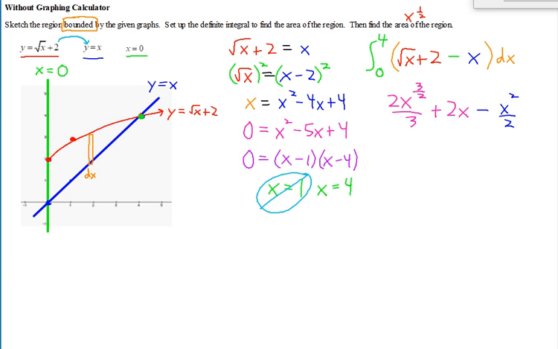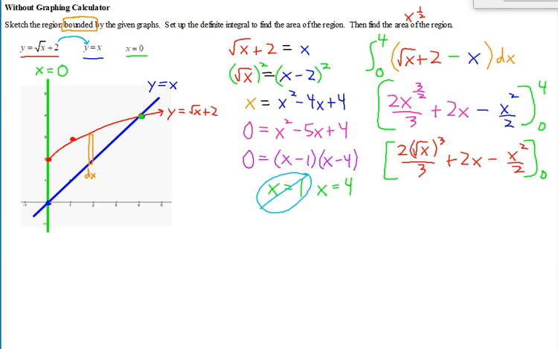And then that's evaluated from 0 to 4. And then if we switch this one to radical form, it's probably a little easier to work with. So we've got 2x to the 3/2 is the same as square root of x cubed over 3 plus 2x minus x squared over 2.